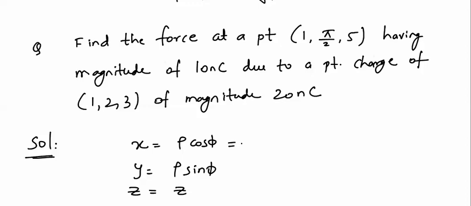Cos pi by 2 is 0, so I get x as 0, y as 1, and z as 5. So my coordinates are (0, 1, 5).